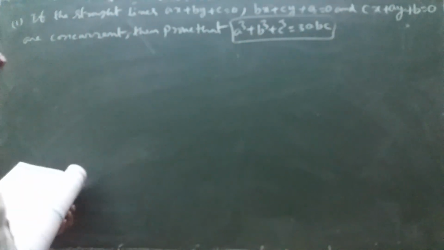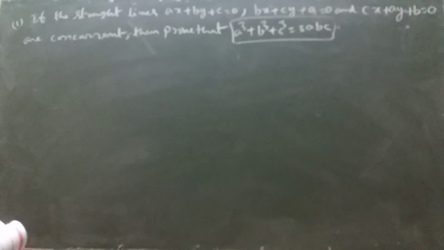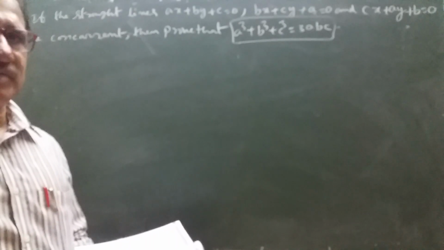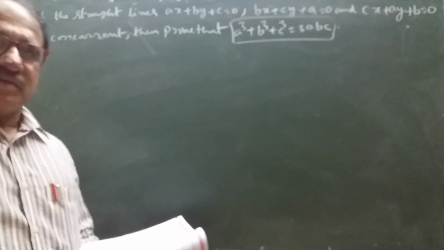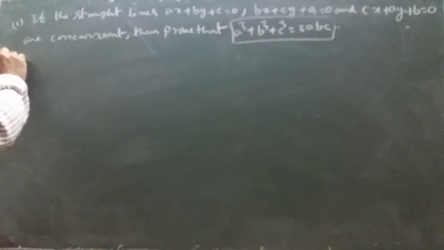This is what we have to reach. The given three straight lines are concurrent, so we have to use the property of concurrency. So, give the proof.